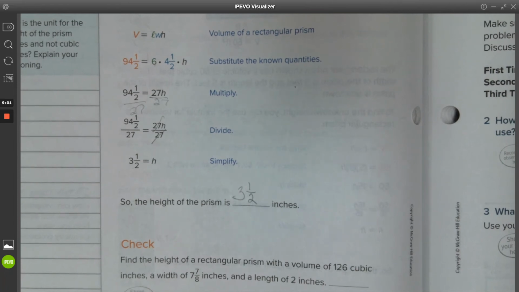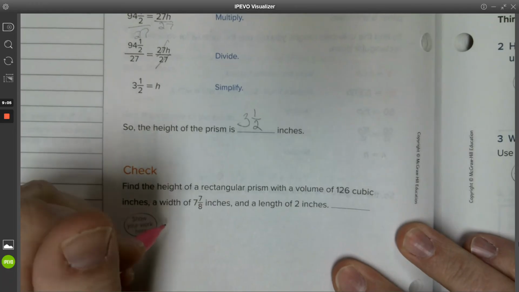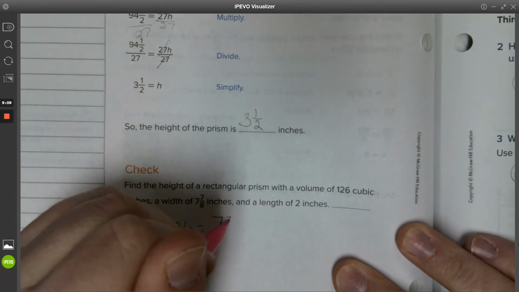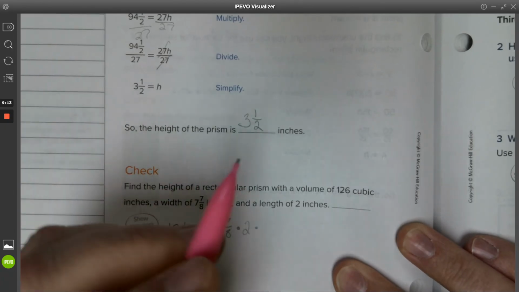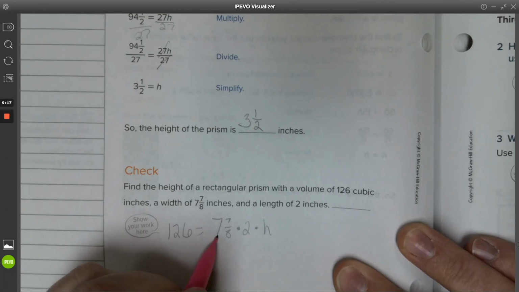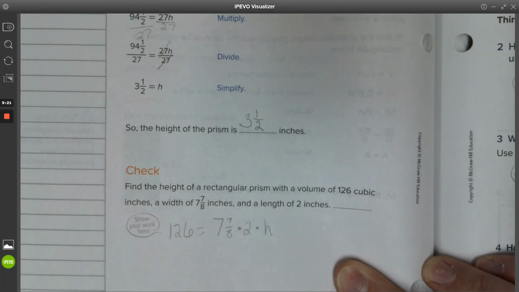I'd like you to go ahead and try the check on your own here. So if we have 126 inches as our volume, and we know 7 and 7/8, and we know 2, and we're missing the height. First things first, 7 and 7/8 times 2. So work it out.